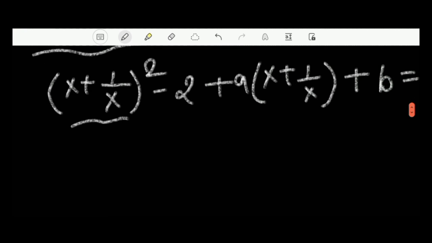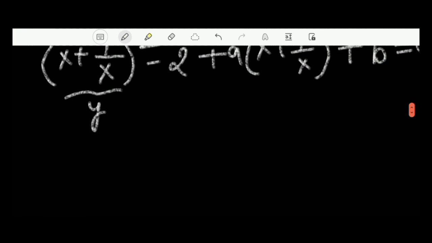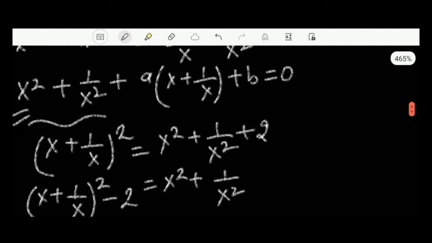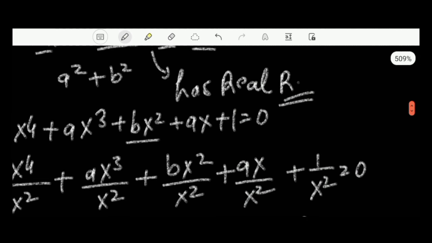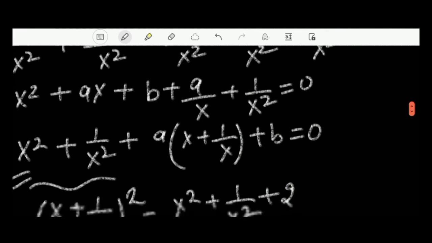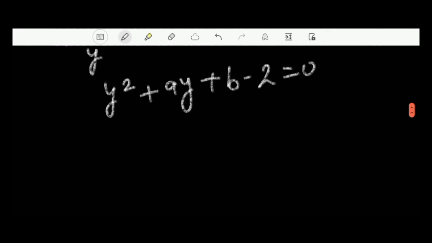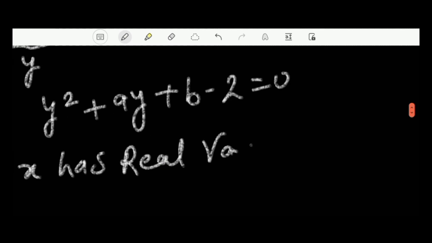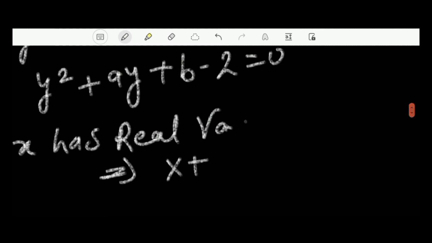So now we can consider this as y, and we can say that y square plus ay plus b minus 2 is equal to 0. And since we know that this polynomial has real roots, x has real values, so it simply implies that x plus 1 upon x also has real values.